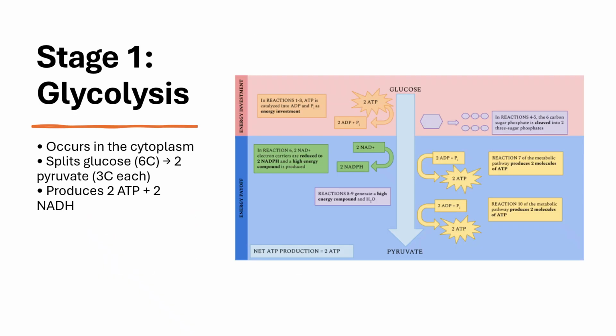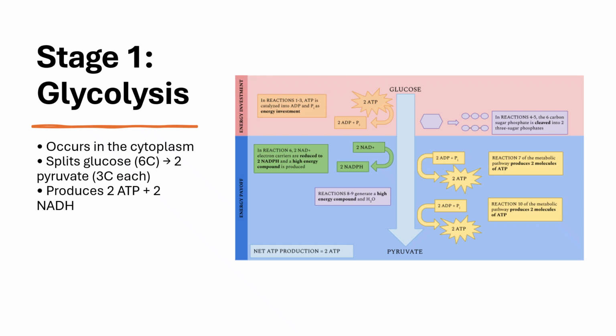The first stop on our cellular respiration tour is glycolysis, which happens in the cytoplasm, yes, just outside the mitochondrion, just chilling in the cell fluid. One glucose molecule enters, gets split into two pyruvate molecules.